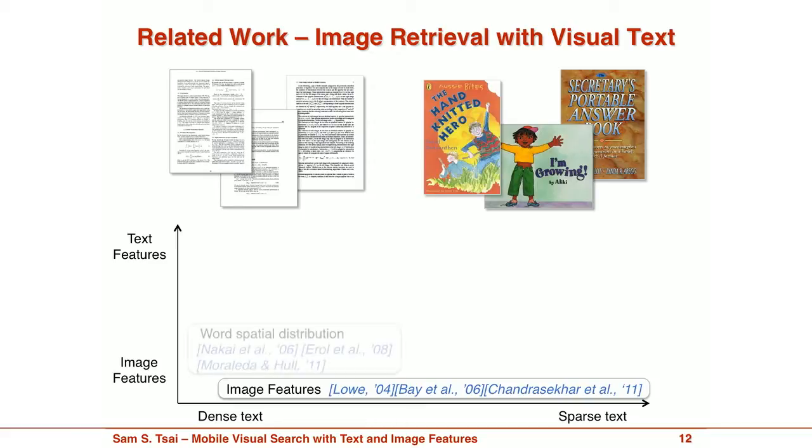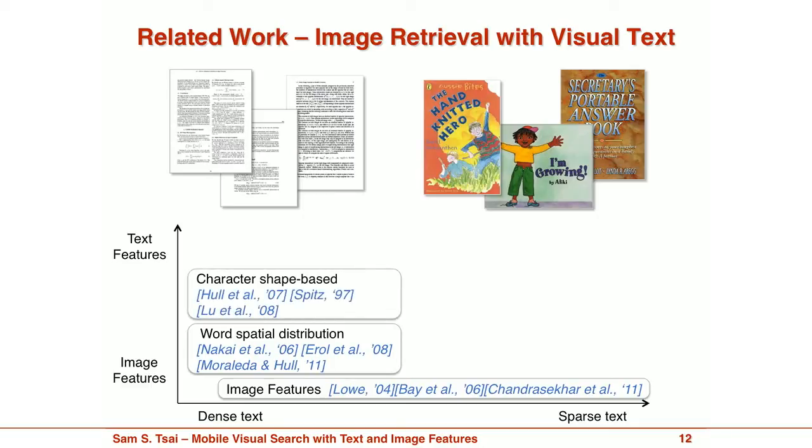For dense text images, people have generated geometric invariant features that are based on locations of words within the image. At a higher level are character shape features, where they look at the number of holes, ascenders, descenders of characters. And at the highest level are algorithms that use OCR to recognize the text.